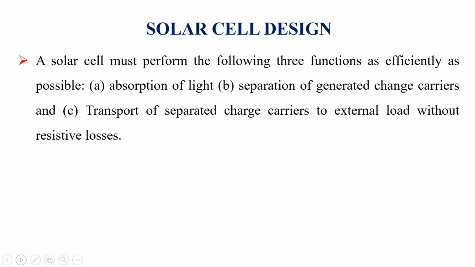Another function is the separation of generated charge carriers. And the last function is transport of separated charges to the external load without resistive losses. That is how the solar cell must perform for good performance.